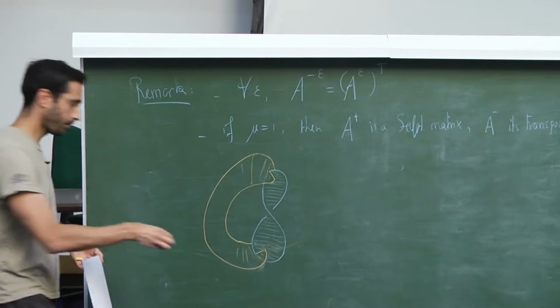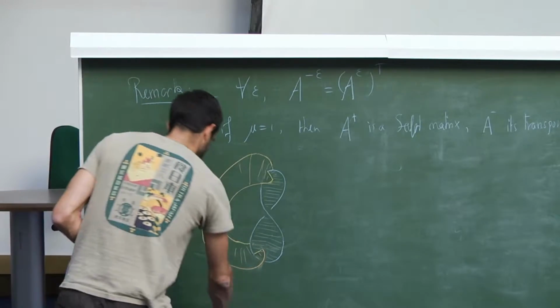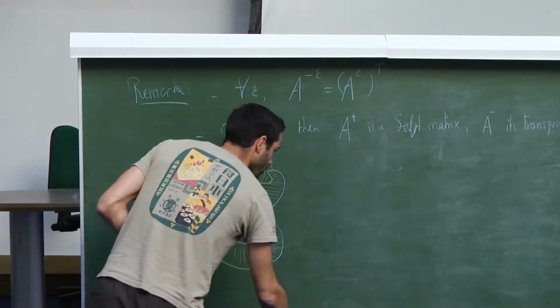You see it? And so this is an example of a C complex for the Whitehead link.